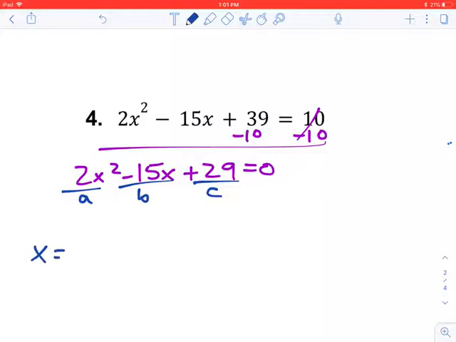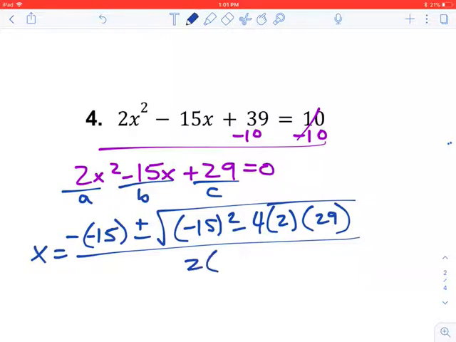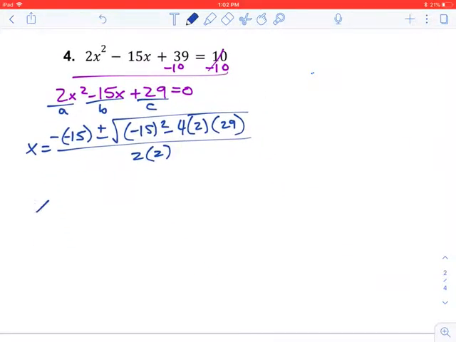So x equals negative b, negative 15, plus or minus big square root, negative 15 squared minus 4 times a, which is 2, c, which is 29. All of that over 2 times a, which is 2. So I end up with positive 15 plus or minus whatever we're going to get under there divided by 4.